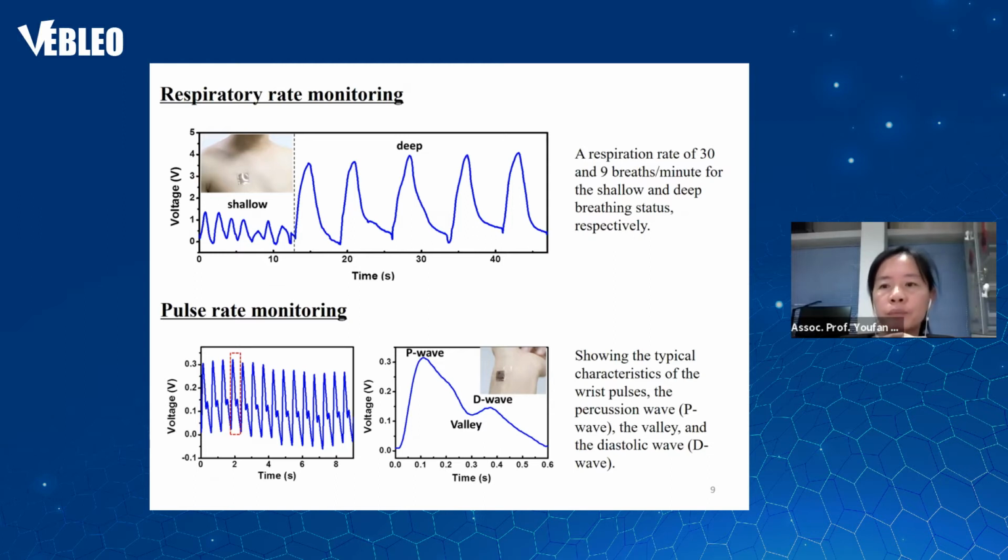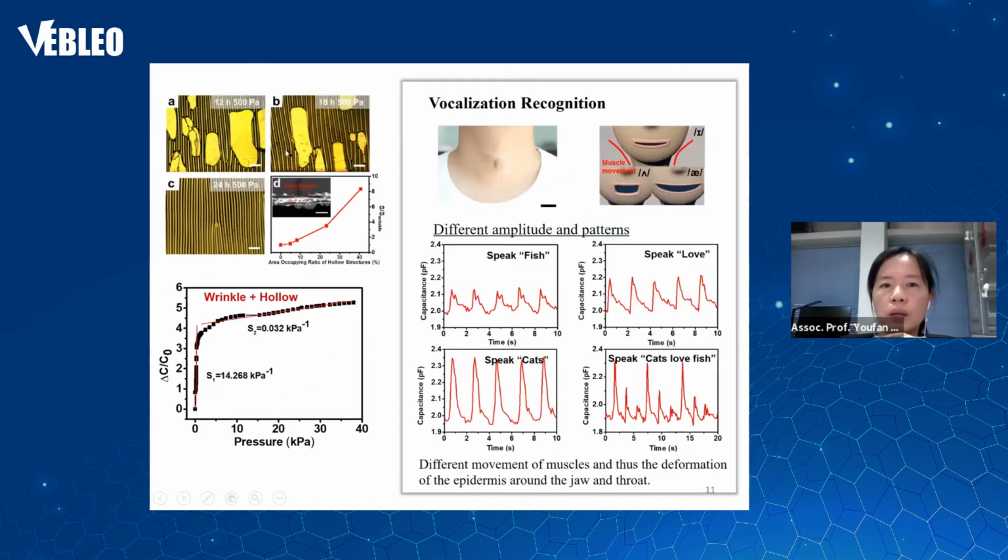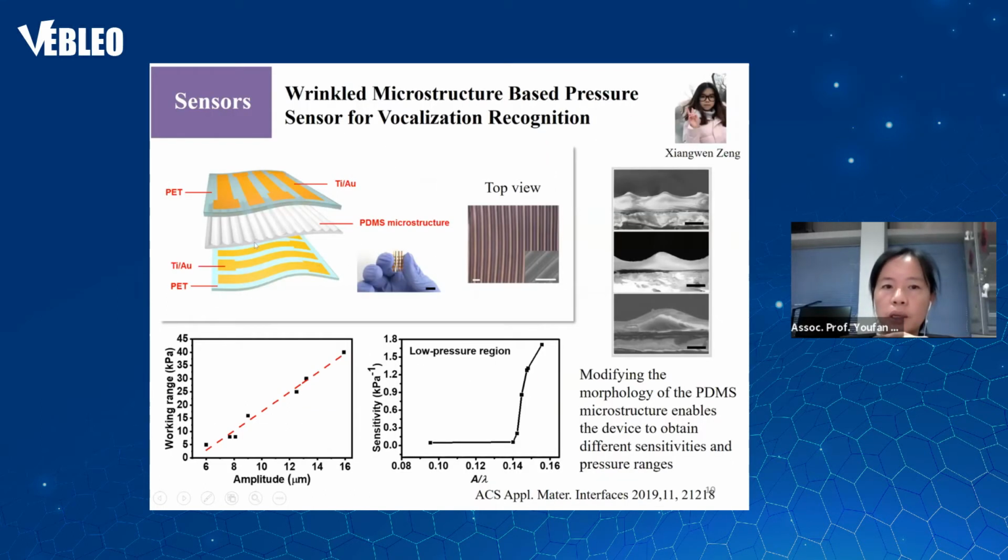And we are also working on the capacitive sensor-based pressure sensor. In this case, we introduce the wrinkled structure in the PDMS, which is used as the dielectric in the capacitor.